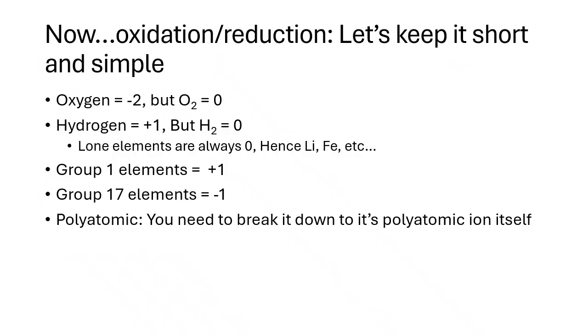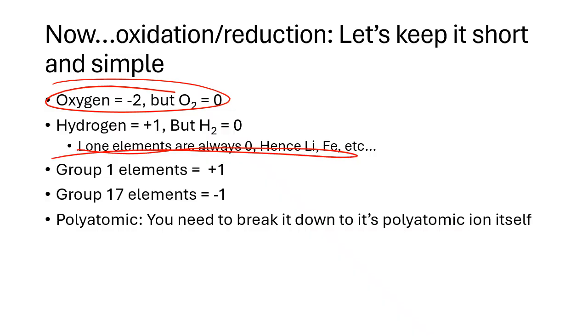Just to go back to the rules, oxygen is always -2, but O2 it's 0. Hydrogen is +1, but as H2 is 0. Lone elements will always be 0. If they're charged, it would be the charge of the element.